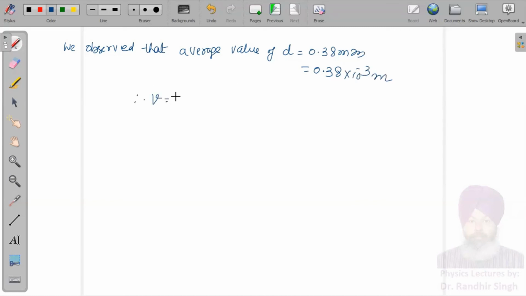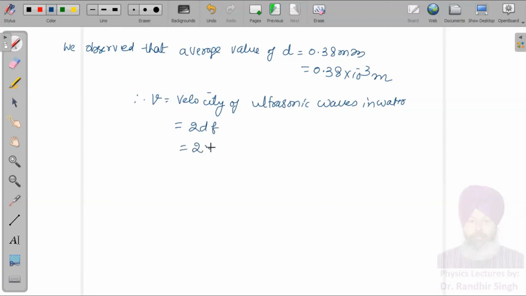Therefore, V, the velocity of ultrasonic waves in water, will be equal to 2 D f.